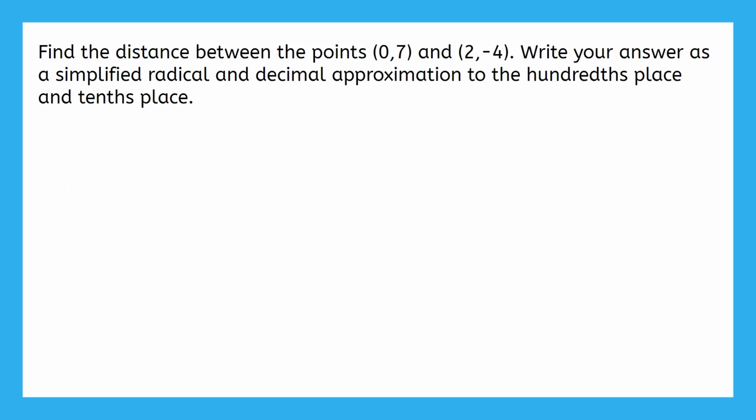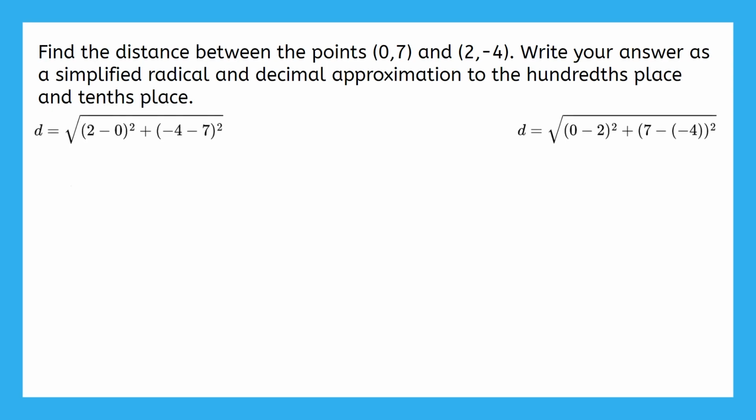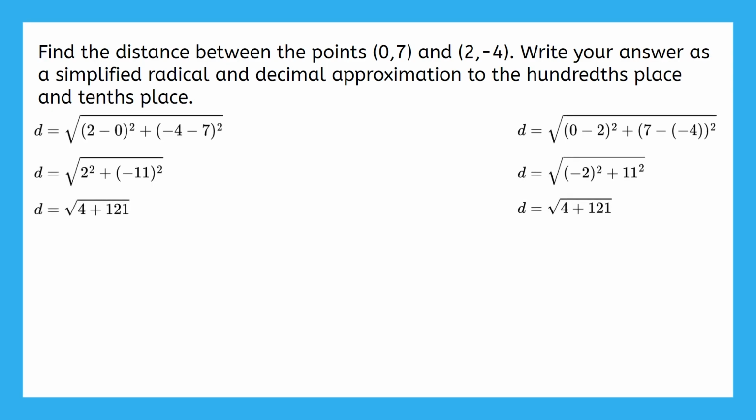Find the distance between the points listed here and write your answer all 3 ways. Pause the video now, take all the time you need to do this. Did you get one of these setups? Did you get the square root of 125?